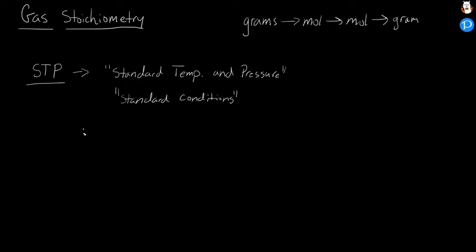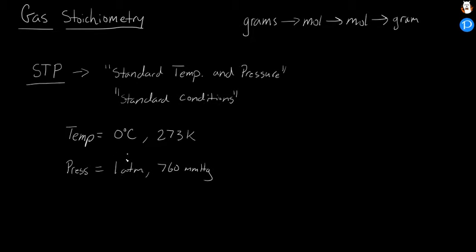And what we mean by standard conditions is essentially that this gas, if it's at standard temperature and pressure, is at a temperature of 0 degrees Celsius or 273 Kelvin. The pressure of that gas at standard conditions is 1 atmosphere, or 760 millimeters of mercury, or 14.7 psi, whatever conversion you need.